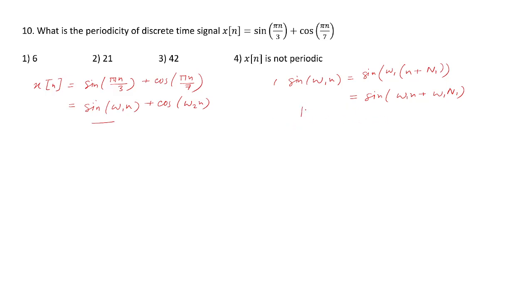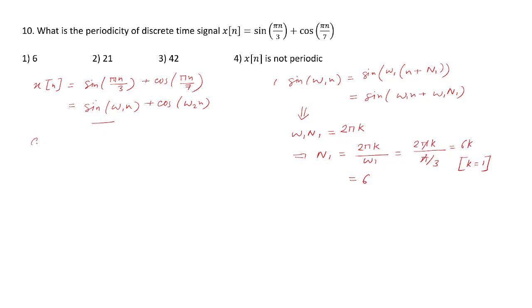This implies omega 1 N1 should be an integer multiple of 2 pi. Now I get N1 is equal to 2 pi k over omega 1. We put the value of omega 1, 2 pi k by pi by 3, cancel out the pi, it becomes 6k. We will take the minimum value of k, that is k equal to 1, that is our period, so N1 is 6.